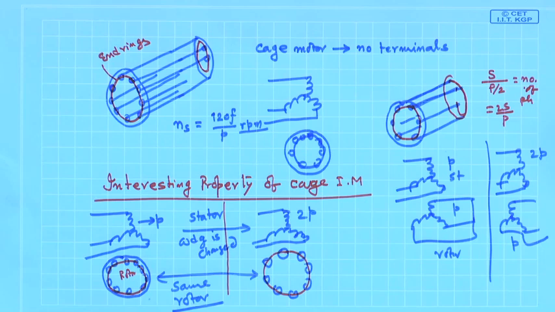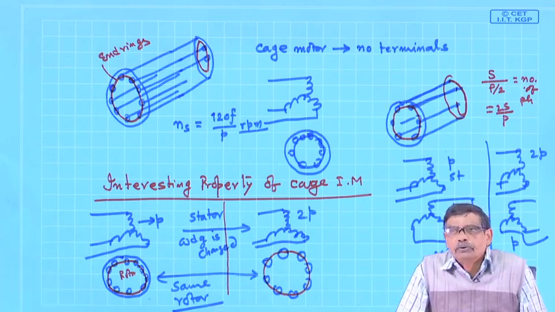And if I want to run at 1500 rpm, therefore, I will de-energize the windings corresponding to 2 pole and energize the 3 phase winding on the stator, which is wound for 4 pole. Supply frequency is fixed, then the synchronous speed will be 1500 rpm, and I would expect the machine will run close to 1500 rpm.